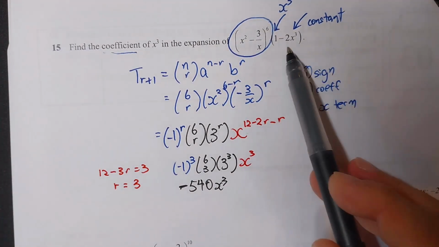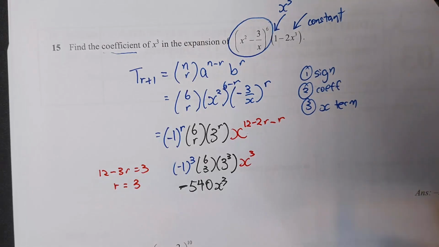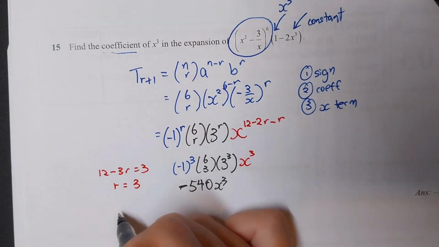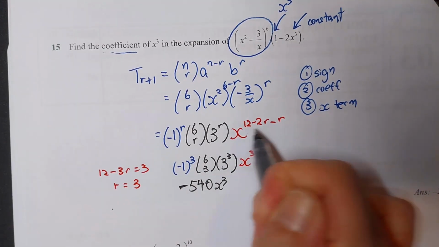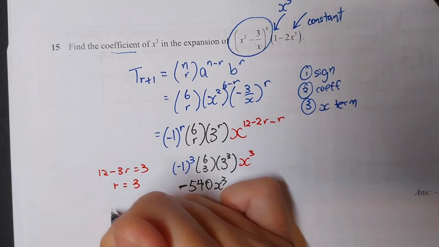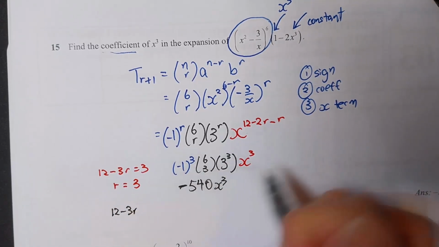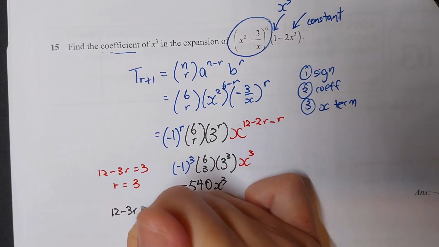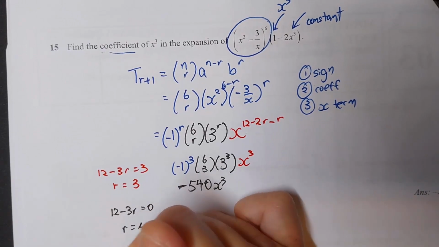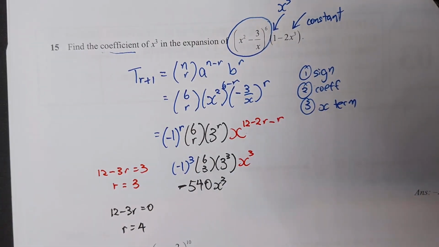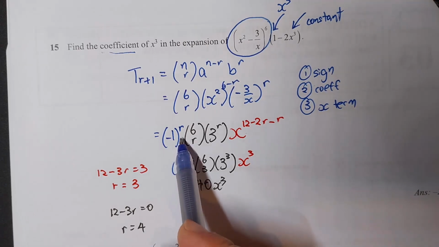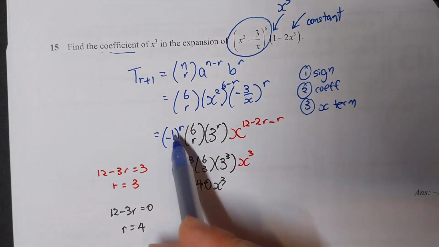However, we also need a constant term to multiply by this, right? For a constant term, we have 12 minus 3r. It should be 0 for the constant term, and r will be equal to 4. So when r equals 4, this will be positive because it's an even power.